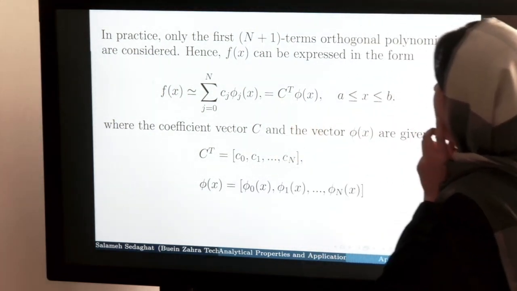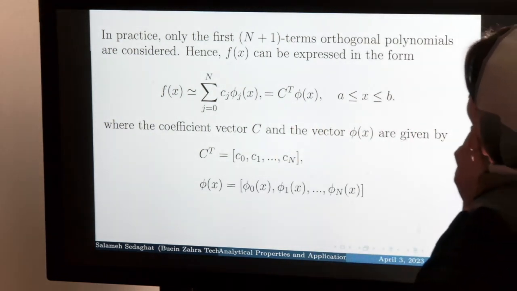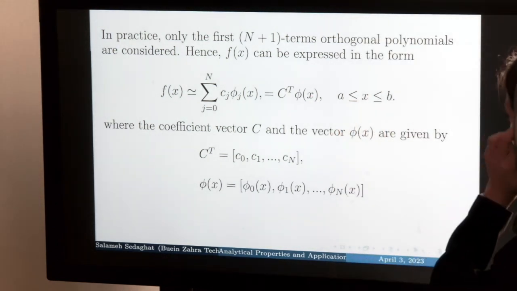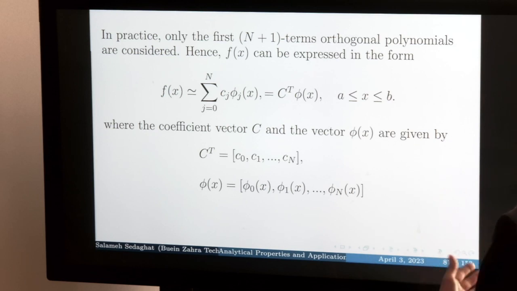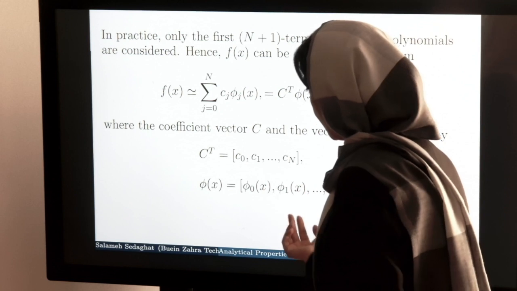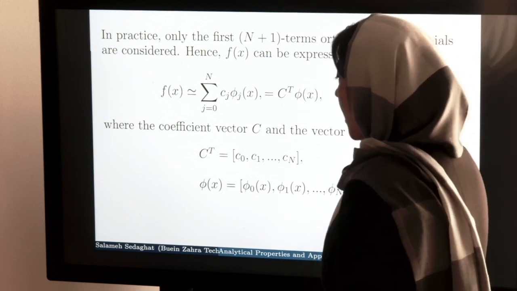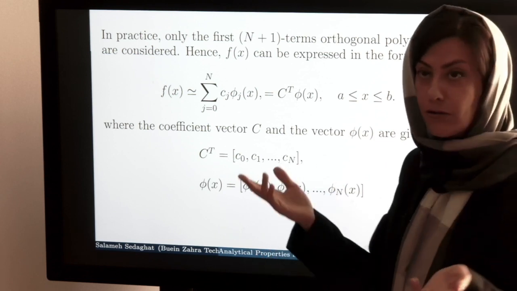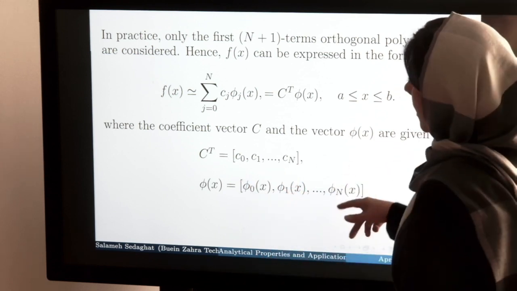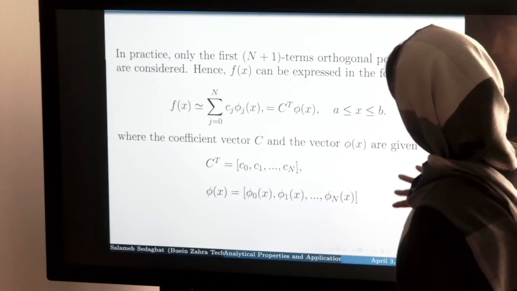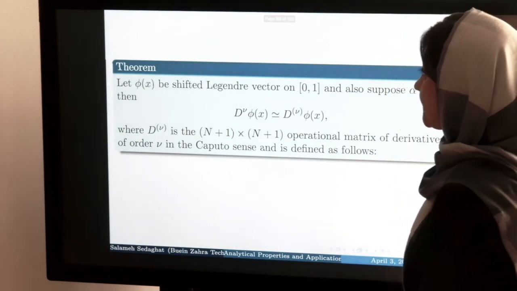Here C is a coefficient vector and phi is a vector of base functions. And we can choose, for example, Legendre polynomials as a base, or other orthogonal polynomials or non-orthogonal polynomials. Here I want to show some properties of only orthogonal polynomials.